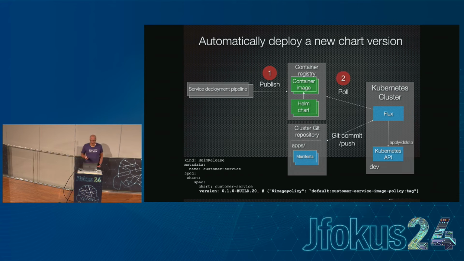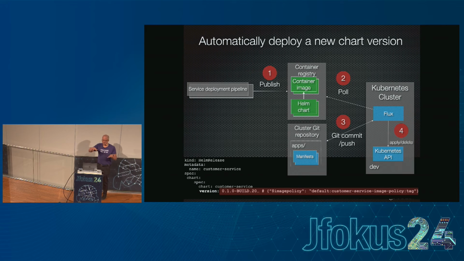So when the deployment pipeline publishes a new version of a Helm chart, Flux will pick that up. And then what's really cool, it will actually edit the Helm release manifest to put in the new version, do a git commit, git push, and then apply that change to the Kubernetes cluster. So it automates the otherwise manual editing of the Helm release manifest, which is quite nice.